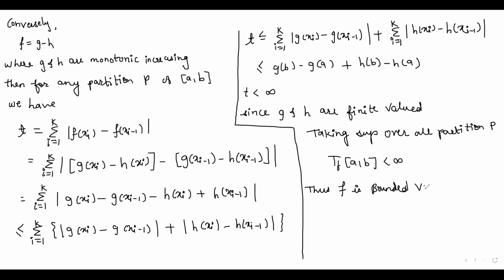So f is bounded variation on this interval AB. So that is f belongs to the bounded variation over this closed interval AB, and hence the theorem is proved.